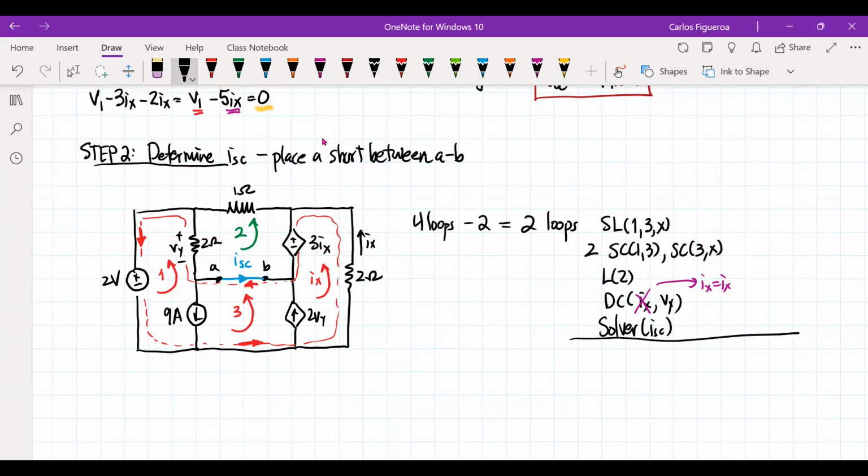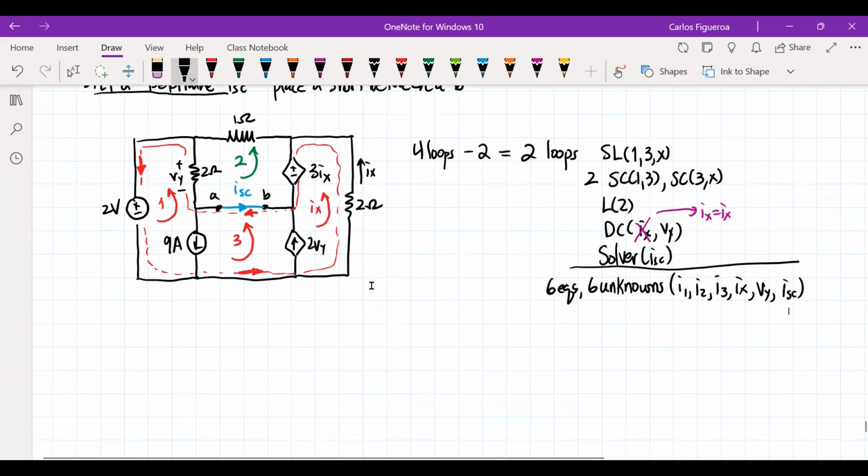So when I add these up, I really have 6 equations and 6 unknowns. What are my unknowns? I have 4 currents for the 4 loops. There they are. And then I have 1 DC for Vy, and then I have my solver for I short circuit.